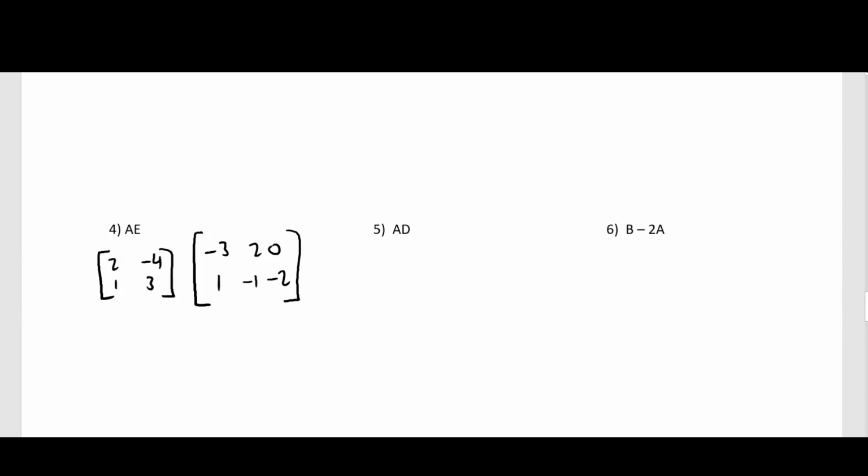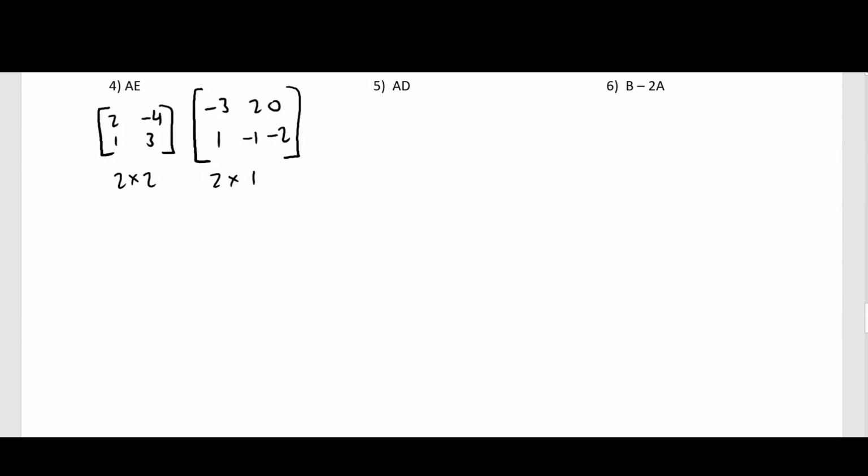Because this is 2 by 2, and here we've got a 2 by 1, we're going to be left with a 2 by 1 matrix. So 2 rows, 1 column.